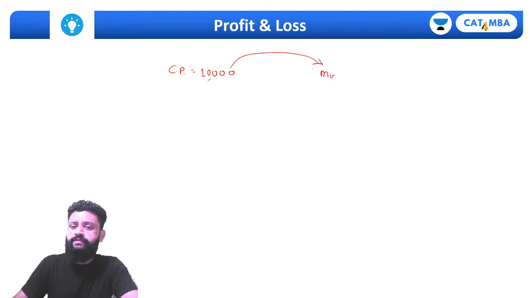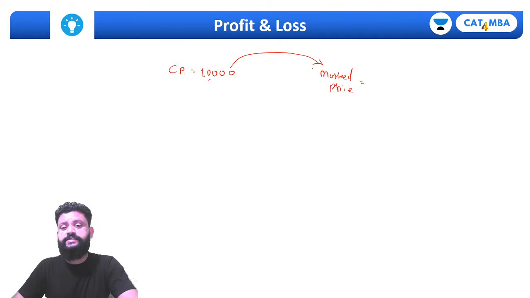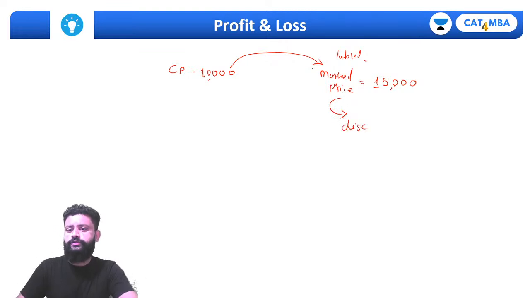Let's say I mark it, we call it marked price. मैंने बताया, ok, तो बताने का price या mark price, and you can say it is label price. मैंने इस पे label कर दिया कि ये 15,000 का है. Okay, and to attract customers, what I did, I'm giving a discount of 20%.